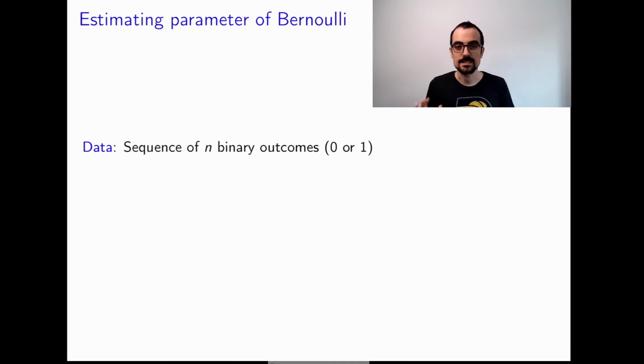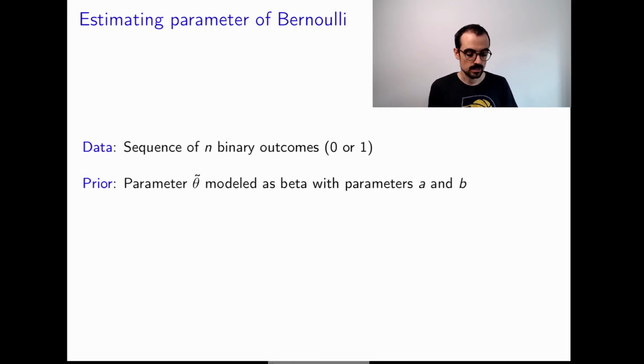Let's imagine that we want to estimate the parameter of a Bernoulli distribution, which we do very often, for example, in elections, if we have two candidates. We have a sequence of n binary outcomes, 0 or 1. So this could represent someone voting for one candidate or the other. Now we are going to model the parameter theta as a beta distribution with parameters a and b that are going to depend on all the previous information that we have gathered.